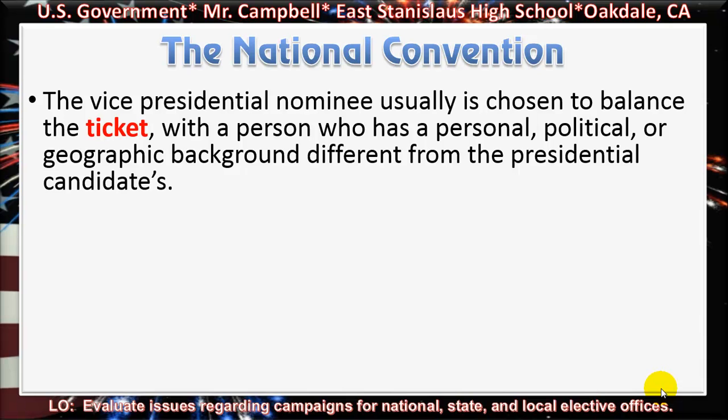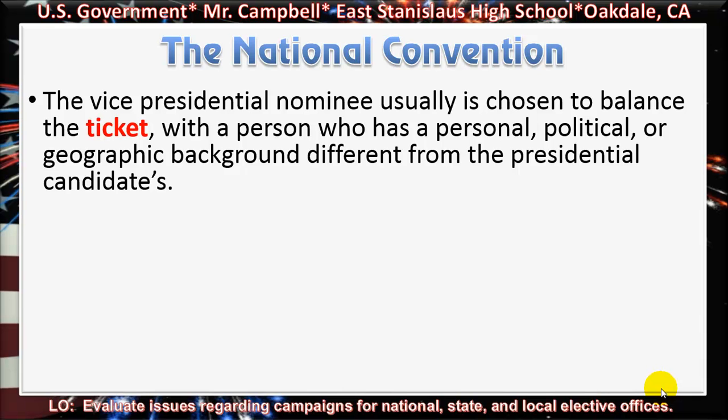For example, if you go all the way back, prior to my lifetime, to Lincoln's presidency, Lincoln chose Andrew Johnson, who was a Southerner, as his running mate, feeling that would help him to win some support by putting a Southerner on the ticket.